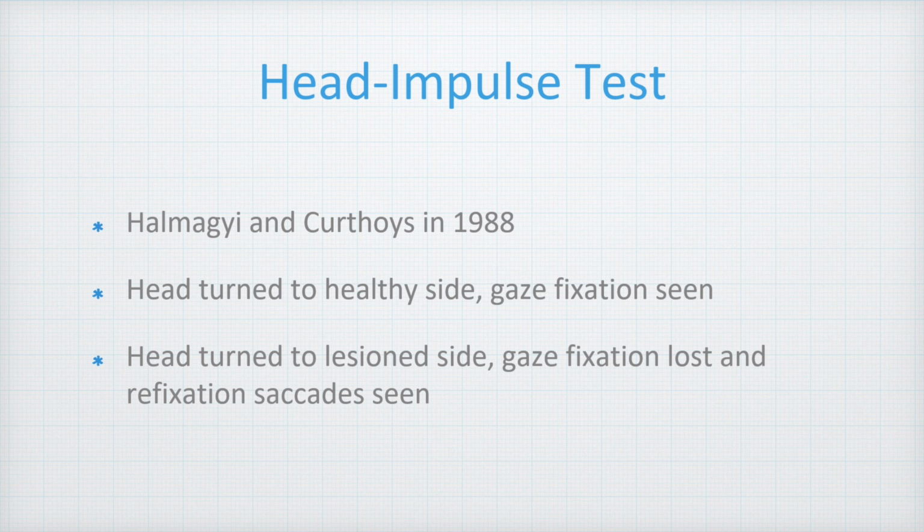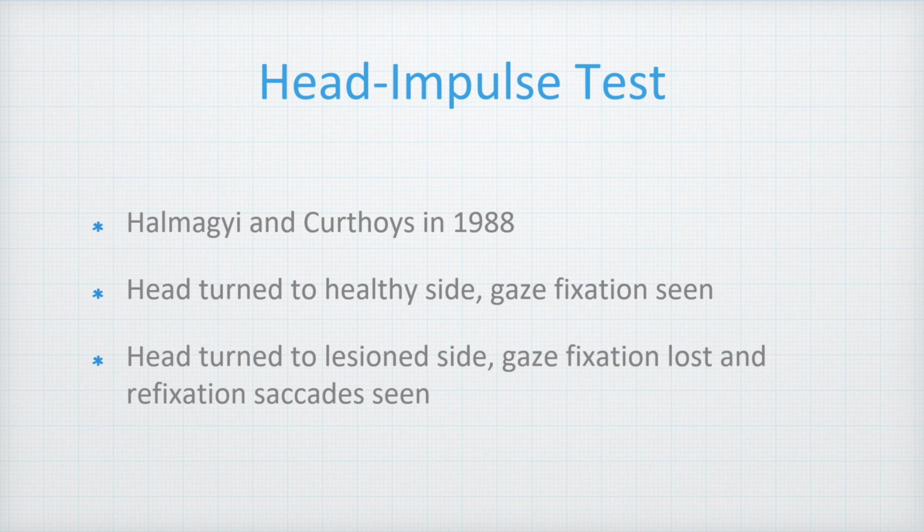So in a healthy patient, if you turn the patient left, the gaze fixation will still be there. But in a patient who has disease on one side, if you turn the patient's head to the healthy side, gaze will still be fixed. The patient will still be able to focus on that distant object.